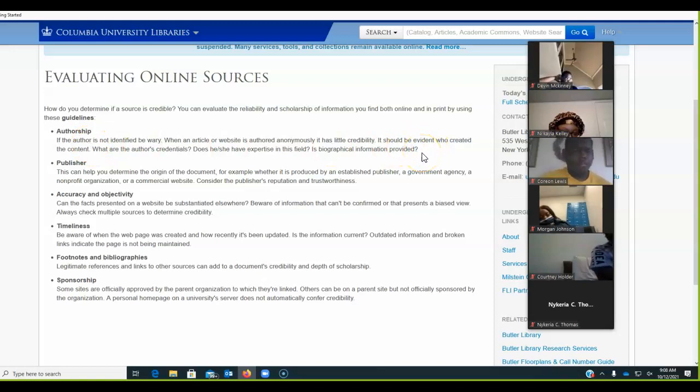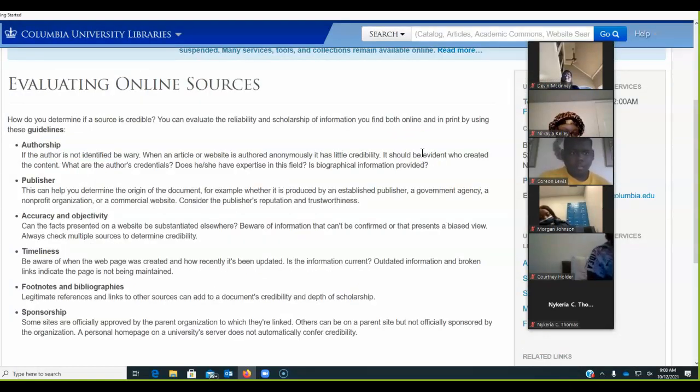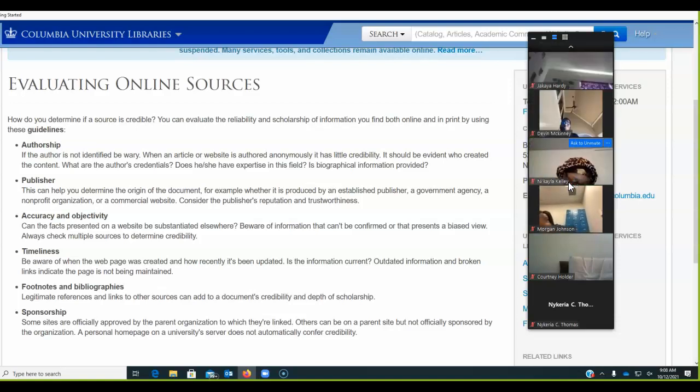Can somebody read us the one that says authorship? Corian, can you read that to us? If the author is not identified, be wary. When the article or website is authored anonymously, it has little credibility.